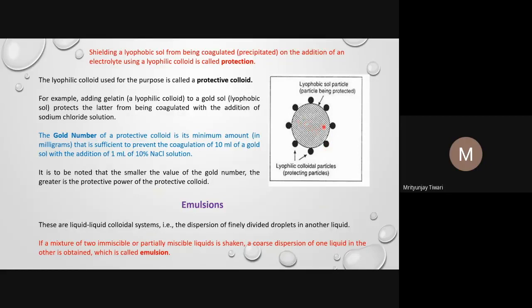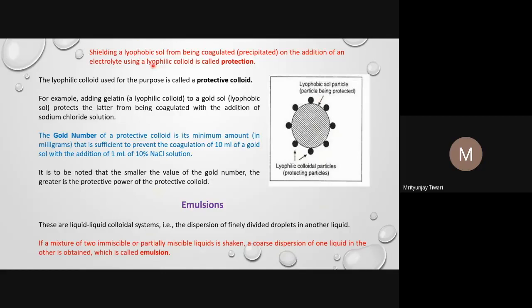So to neutralize this charge, we need a larger amount of electrolyte. There are many charged particles of the same kind, and so we need more electrolyte for the coagulation. That is called the protecting ability of the lyophilic sol.